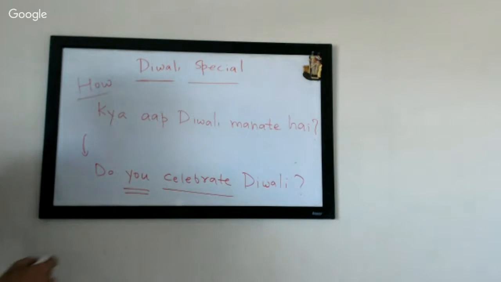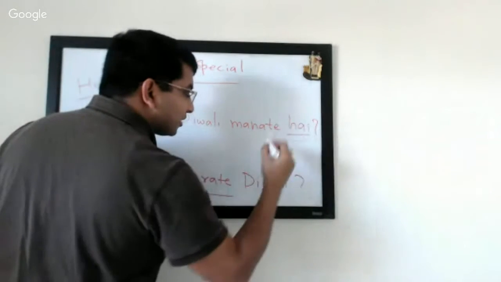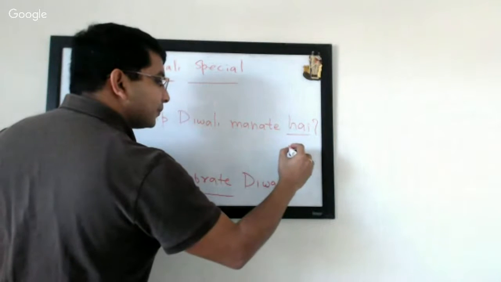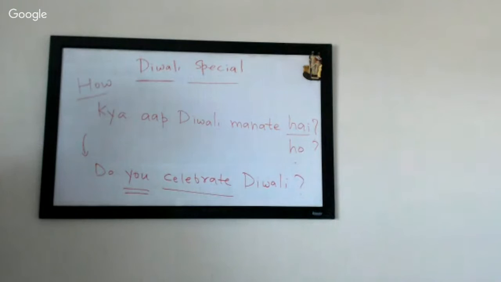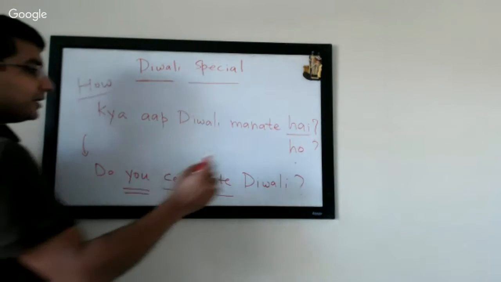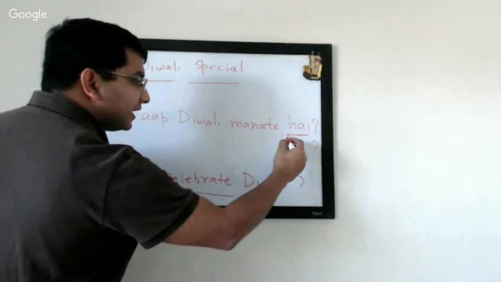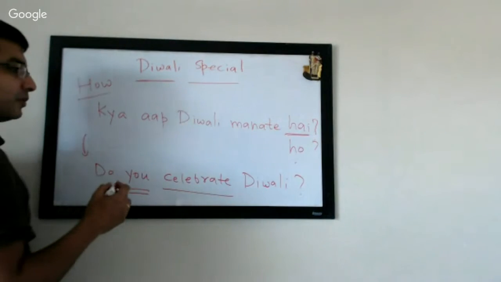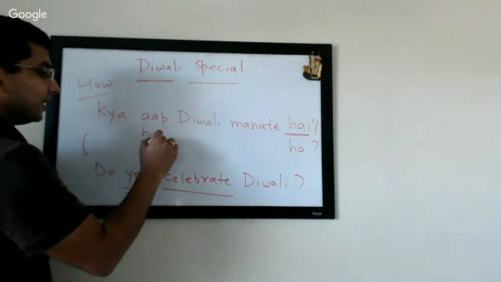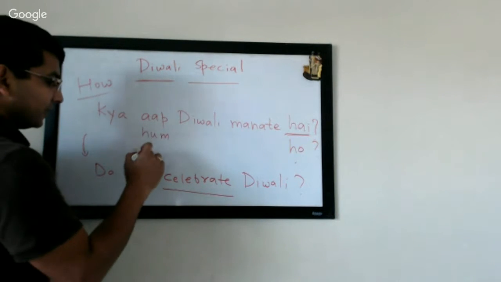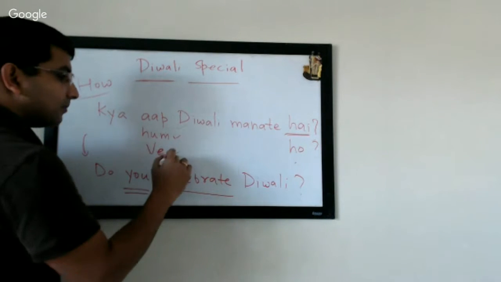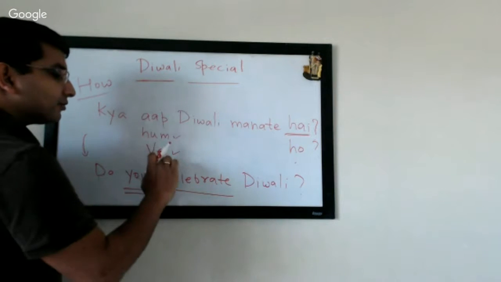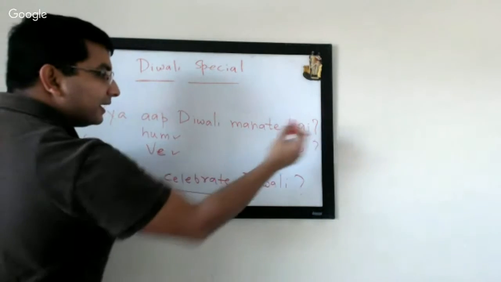Some people ask, sometimes when they are reading it, some people end it with ho. Which one is correct? And the answer is both of them are correct. Sometimes I simply use hai because it makes it easier for people to remember. Even when you're using hum, like a third person plural, for all of them, aap, wo, or hum, the ending hai is correct.